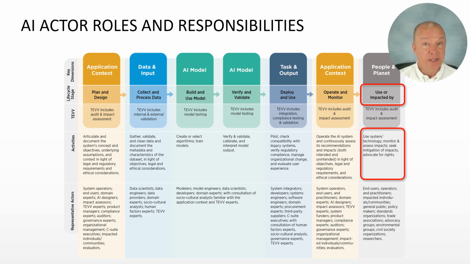We seek mitigation of negative impacts, and we advocate for human rights. This is performed by end users, operators, and practitioners, impacted communities, the general public at large, the policymakers, standards organizations, trade associations, advocacy groups, environmental groups, civil society organizations, and researchers.